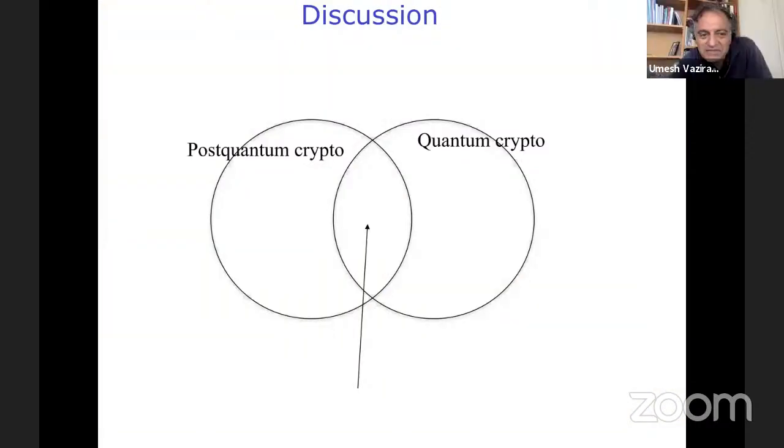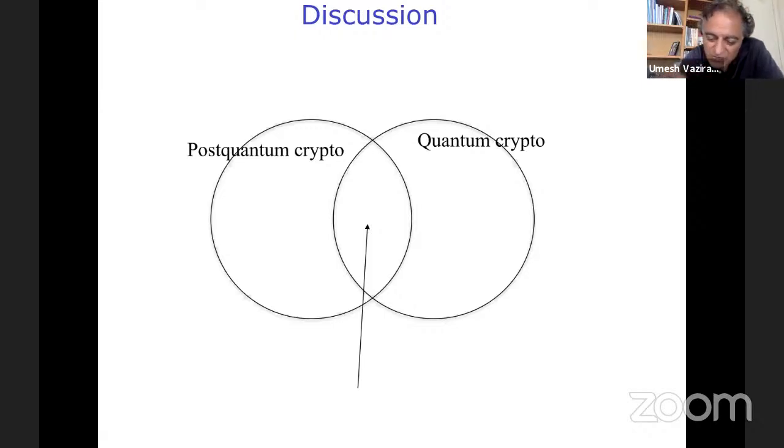Okay, so let me stop with the following thought. There are these two areas of post-quantum crypto and quantum cryptography. Quantum cryptography is where you use quantum bits to get information theoretic security and so on.